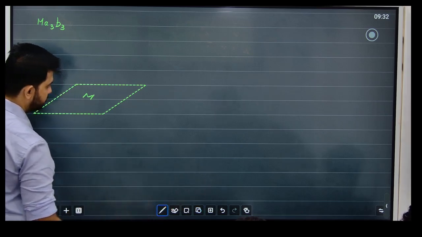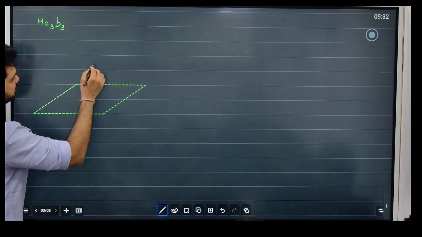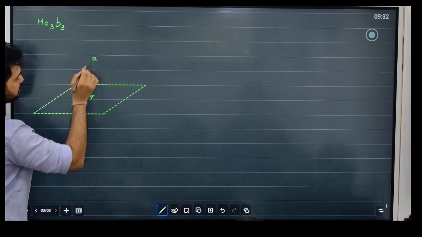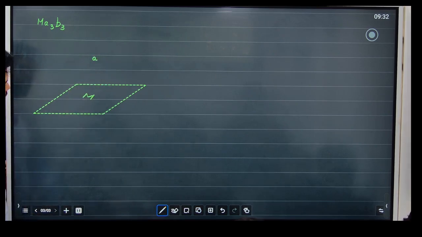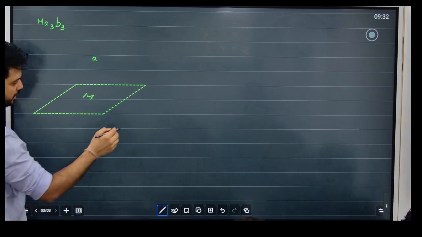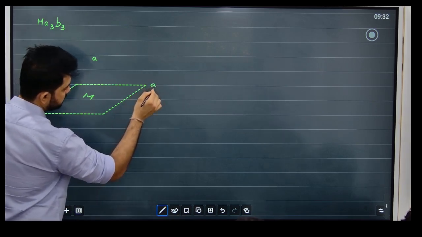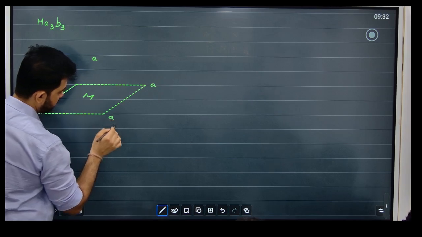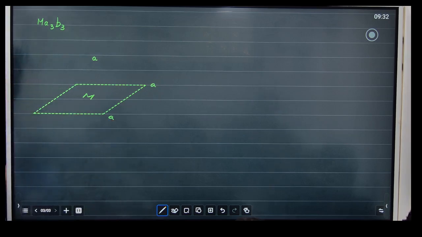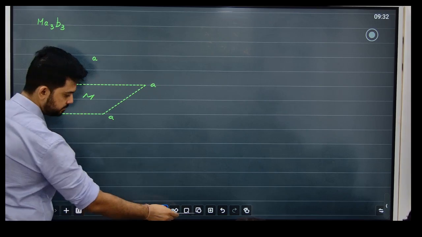Now, first A is present here, coming out towards you. One A is placed here. And the next A is here. Join them.